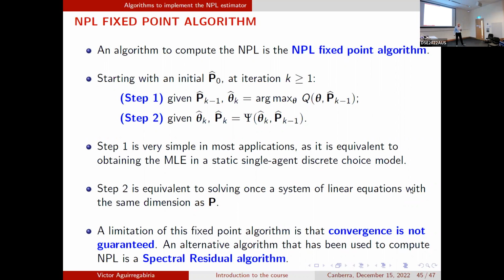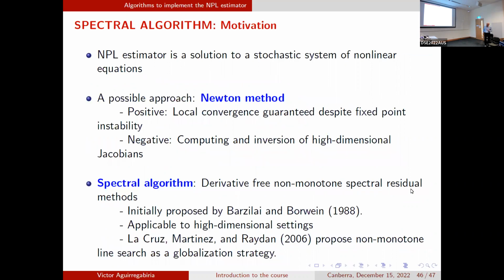And then let's use an algorithm for the solution of nonlinear equations. A natural choice would be Newton's method. We have a system of nonlinear equations, G of P equals 0. What is a fantastic algorithm in terms of convergence properties? Newton's method is the best you can get in terms of convergence. Quadratic convergence is guaranteed. That's great.